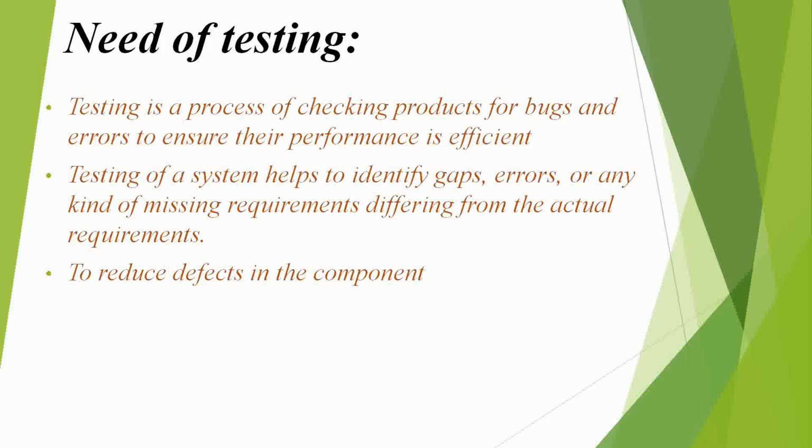So to reduce the defects, we check the product and increase the overall quality of the product. If the product is working as per our requirement or as per our need, then it is good. That's why this point says increase the overall quality of the product. If the product is working without any error, that increases the quality of the product.